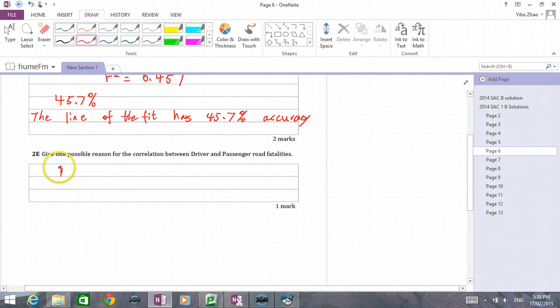Personally, I would write down something like: the more driver fatalities leads to more passenger fatalities.